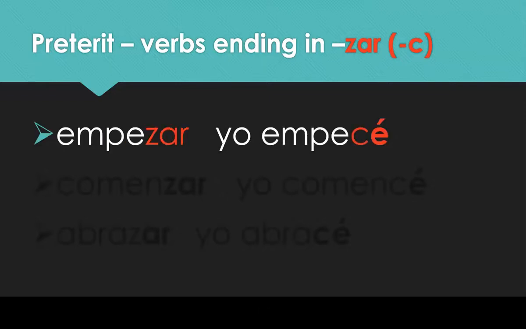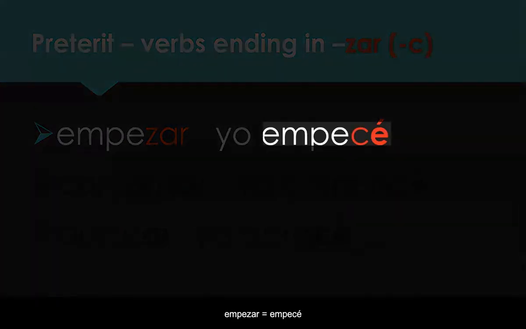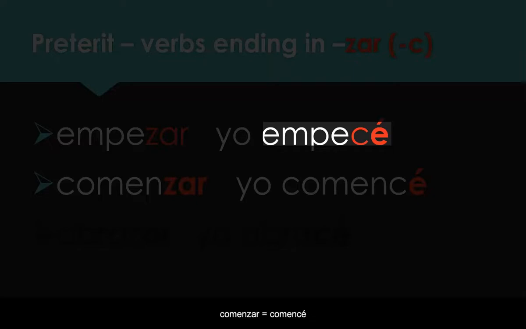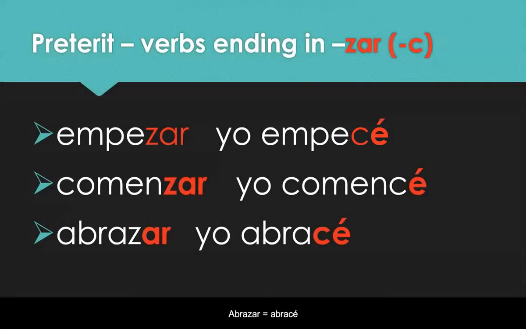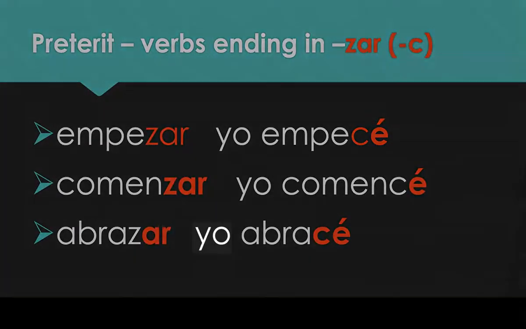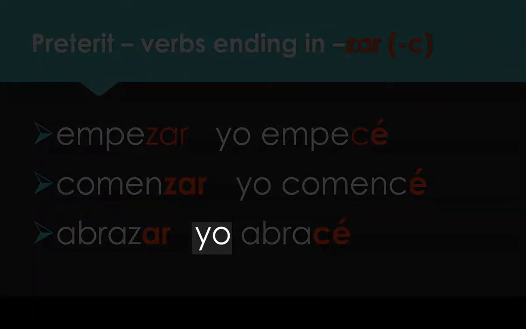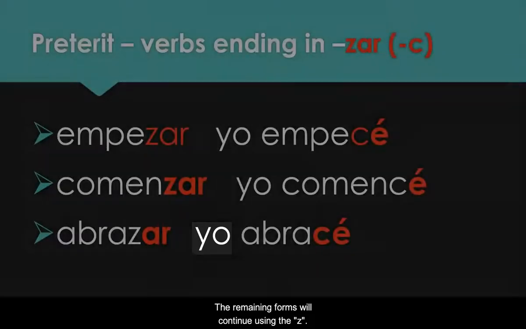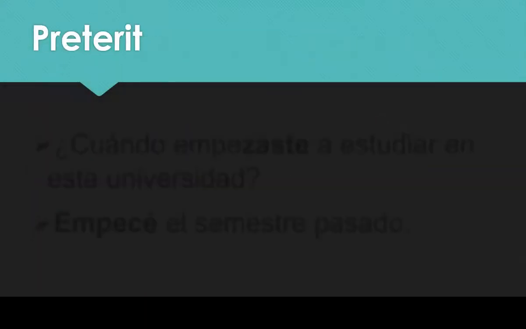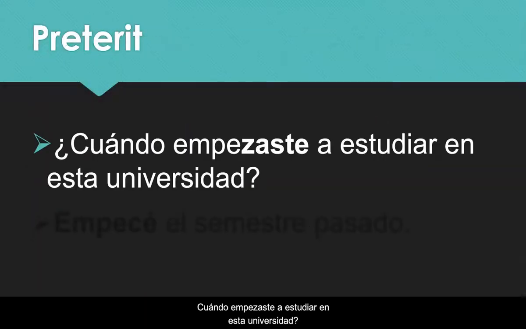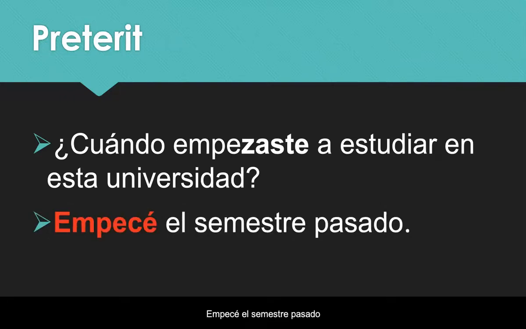Example, empezar, empecé. Comenzar, comencé. Abrazar, abracé. Only in the yo form. The remaining forms will continue using the z. ¿Cuándo empezaste a estudiar en esta universidad? Empecé el semestre pasado.